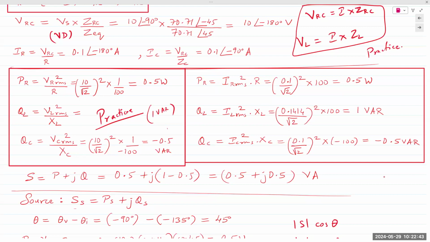Inductors and capacitors don't have resistance, so they don't have any real or average power. So on the left is basically the voltages for the components. On the right is the currents for those components.